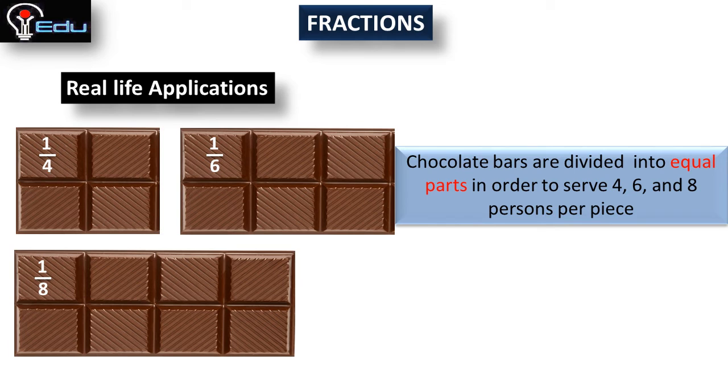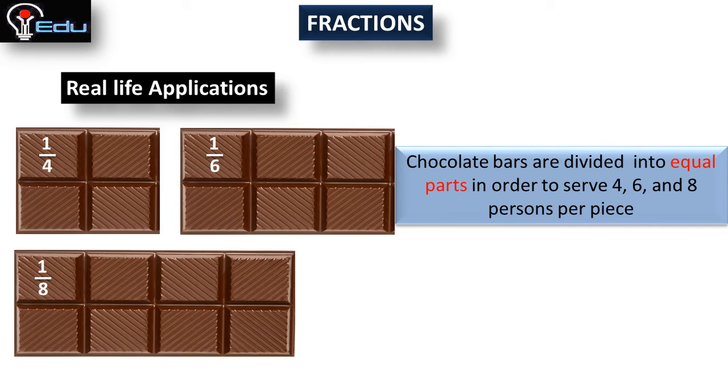To represent one of those 4 parts, we need fractions, that is 1 divided by 4. In order to serve 4 people, we need to divide the whole chocolate bar into 4 parts.